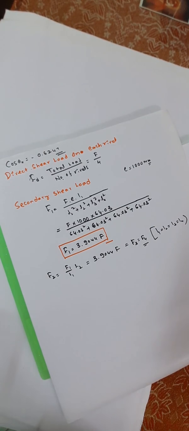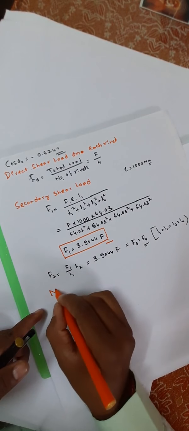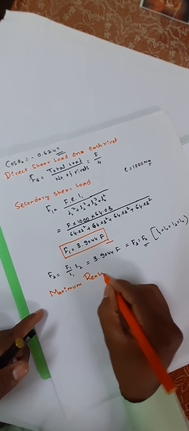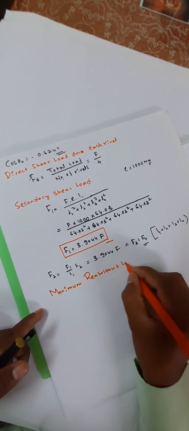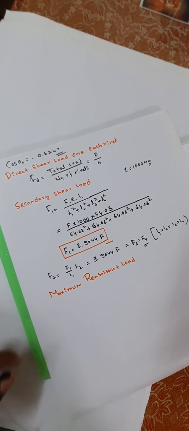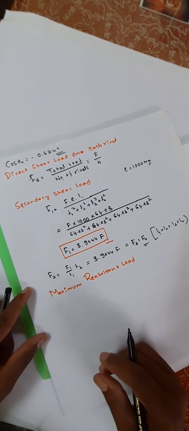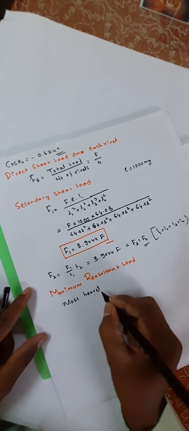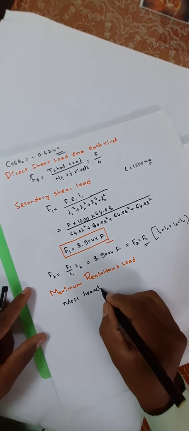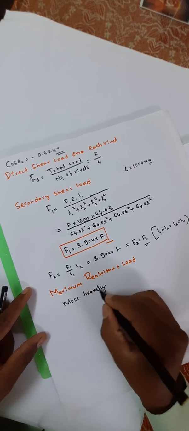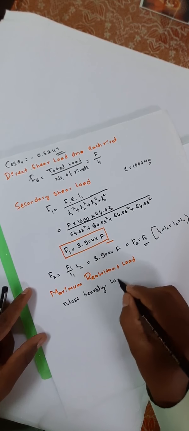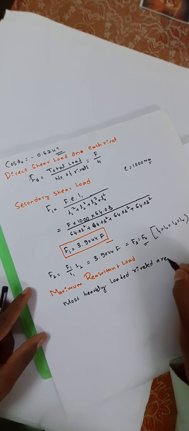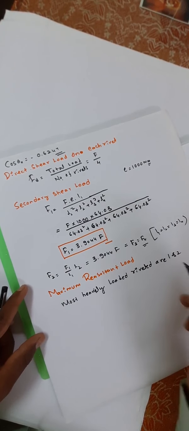Next, what we need to find out is the maximum resultant load, that is the most heavily loaded rivets, which are 1 and 2 with respect to this given problem.